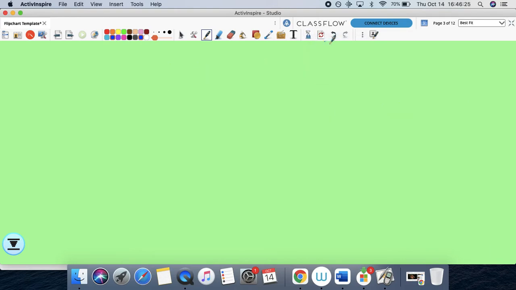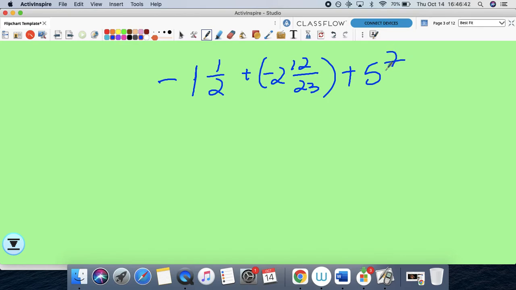Clear. And the last one is a fraction. So, yuck. Oh, all right, so it's not that bad. We have negative 1 and 23 over 46... 1 and 12 over 23 plus negative 2 and 12 over 23 plus 5 and 7 over 46. Hopefully you realize that the common denominator is going to be 46, so let's put everything in terms of 46.